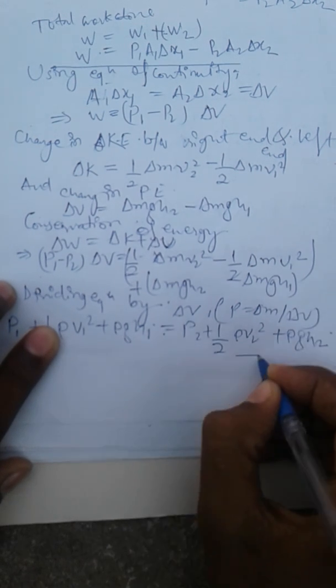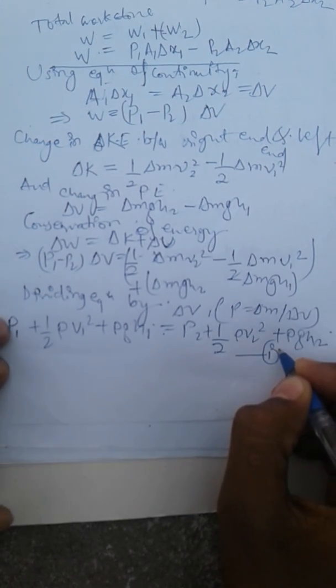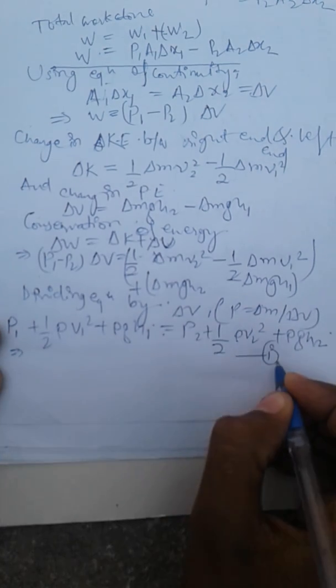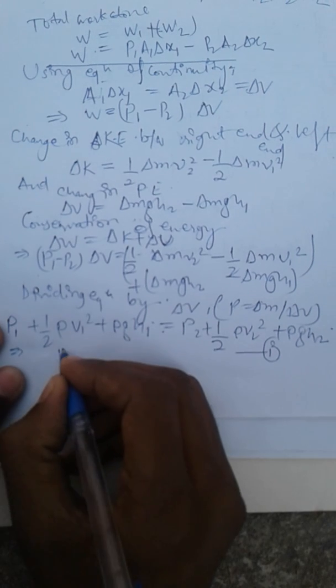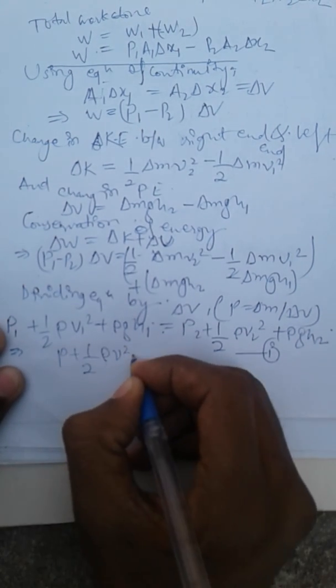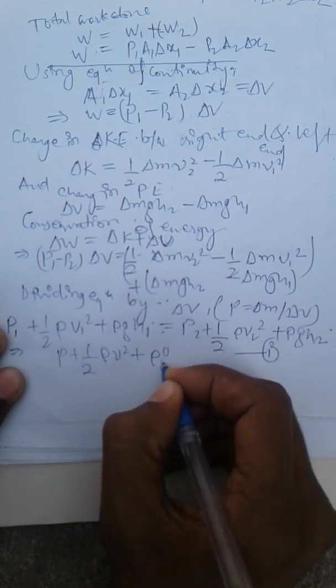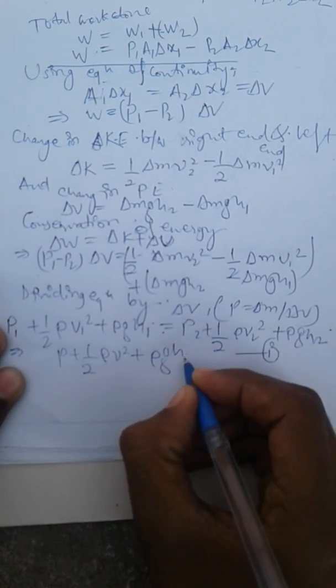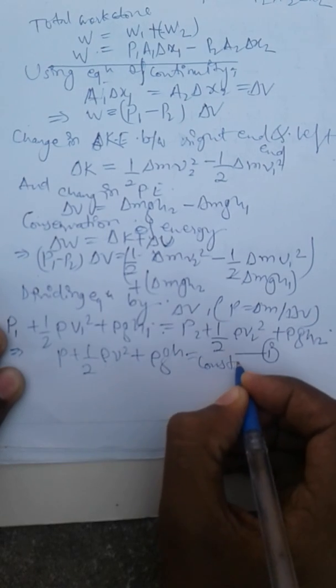This is the first equation. Now we get the equation: p plus half rho v square plus rho g h equal to constant.